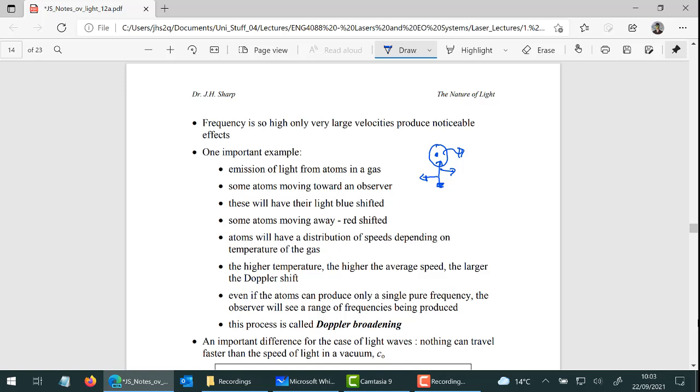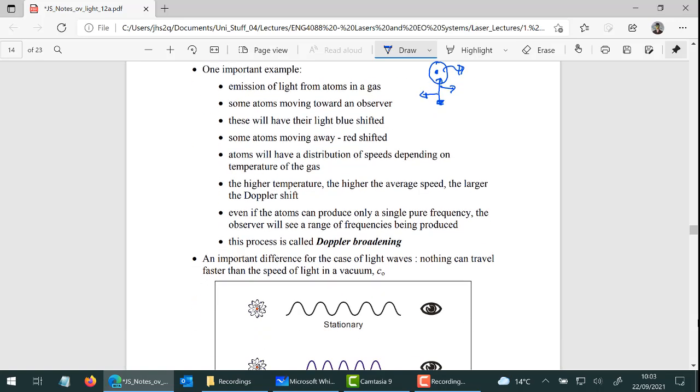So that tells us something about how the atoms in the gas are actually moving. In any box full of atoms, some of them will be moving towards us, some of them will be moving away, most of them will be doing something in between, and that distribution of speeds and directions tells us information about how the gas is behaving.